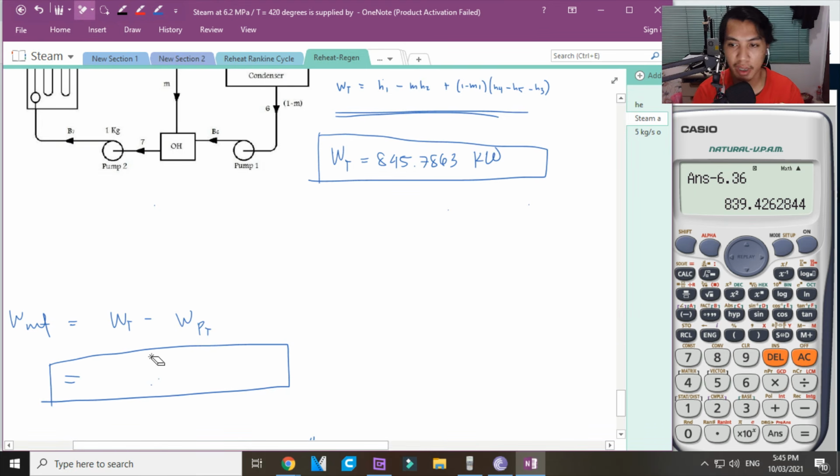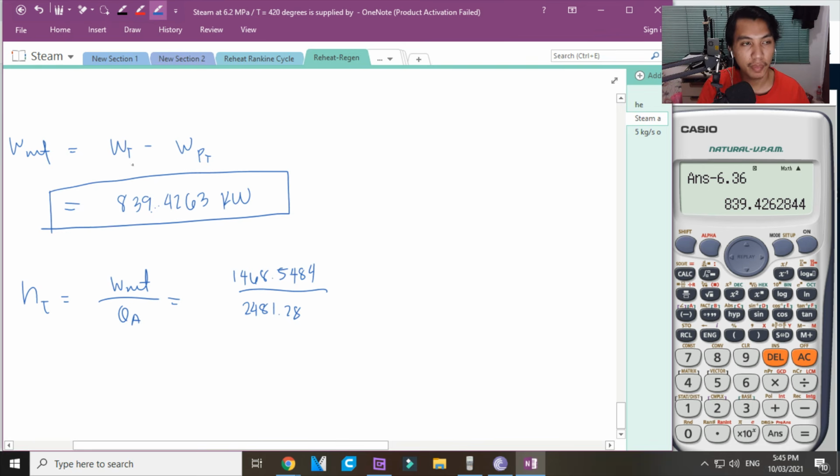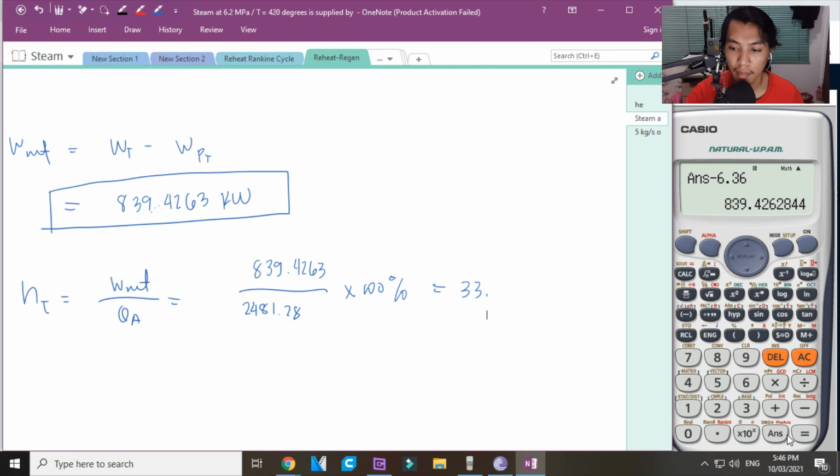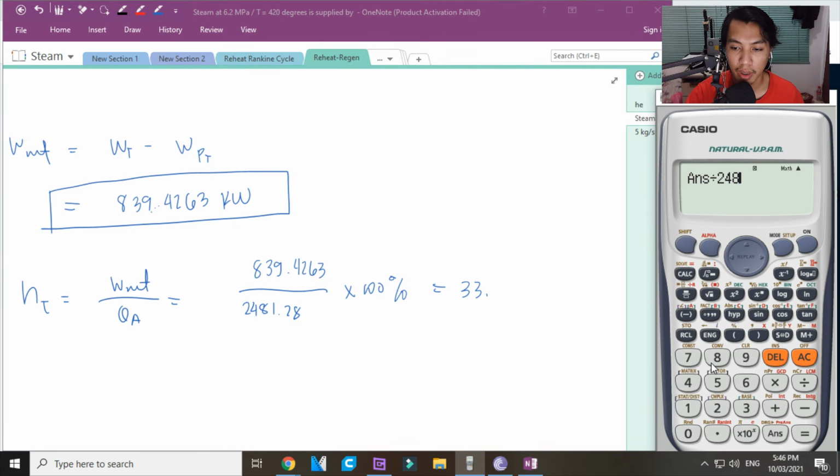Kaya kailangan mo ng pasensya. 839.4263 times 100%, divided by 2481.28. That is 38.83%.